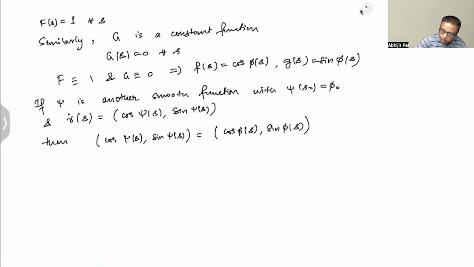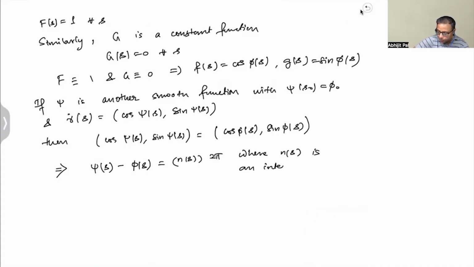So this implies that if I take the difference of psi s and phi s, it will be an integer multiple of 2 pi. So ns times 2 pi, where this ns is an integer.